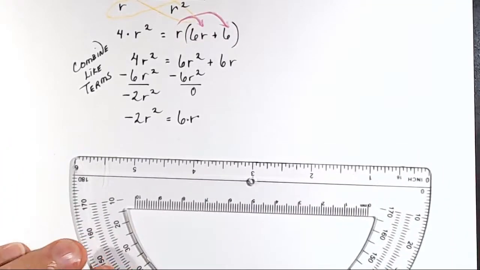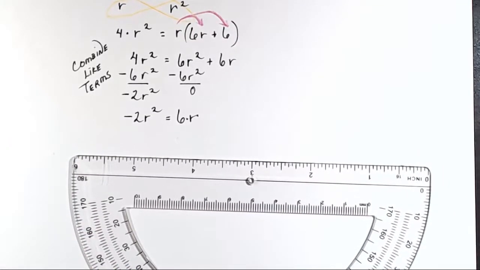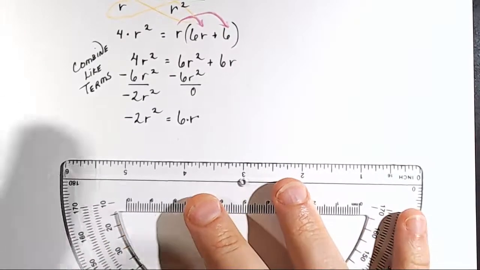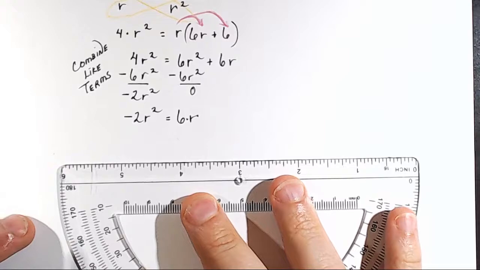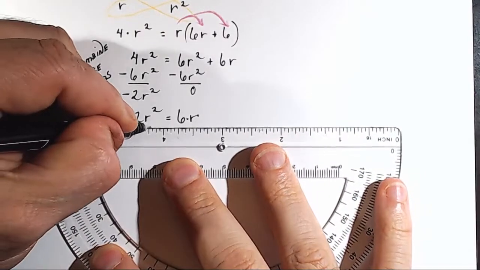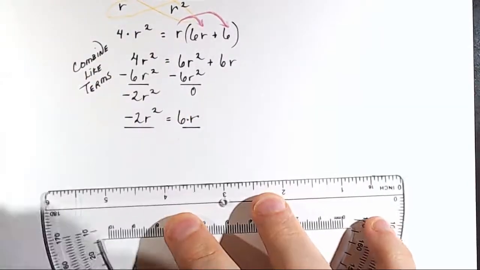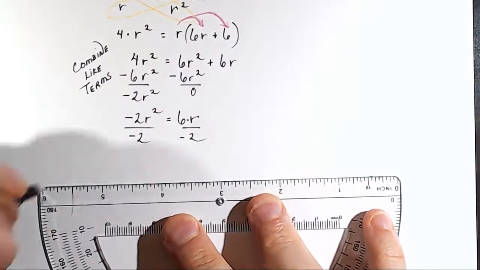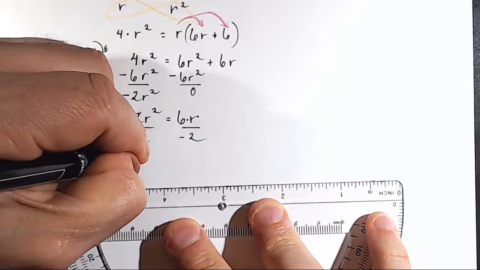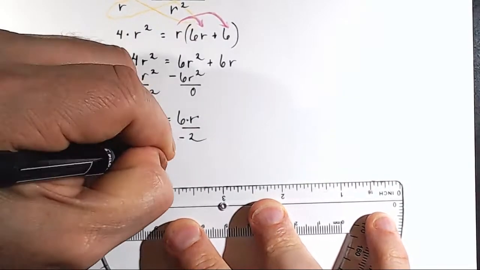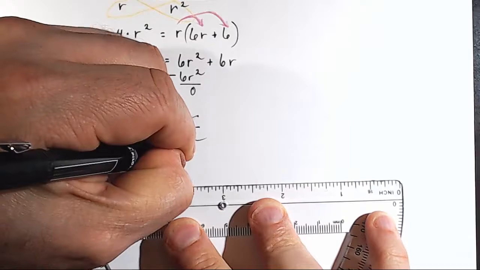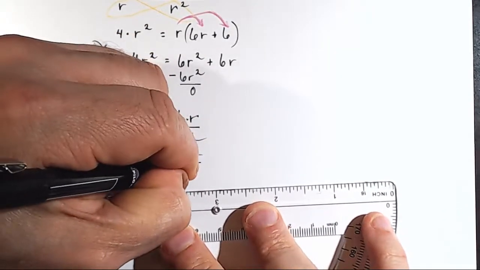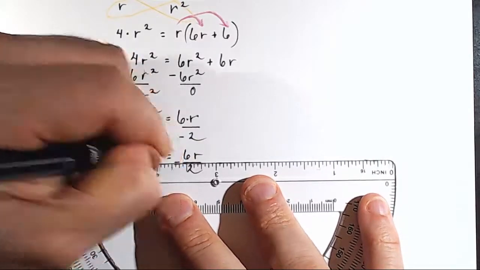We still want to get the r's together, and we want to get everything else away. There are multiple ways to approach this, but here's one way. Let's get rid of this negative 2 on both sides by dividing by negative 2. That cancels on the left, and I'm left with r squared equals negative 6r over 2, and we put that negative sign out in front of the fraction.